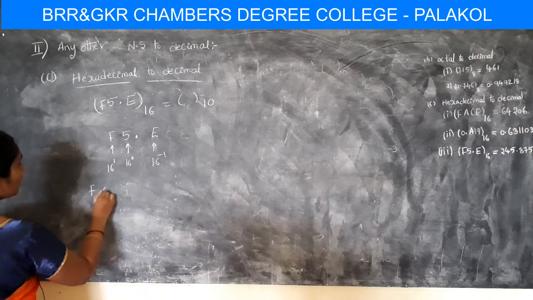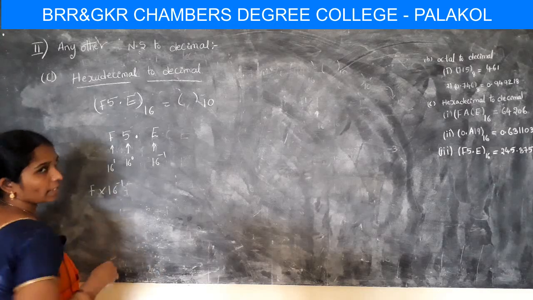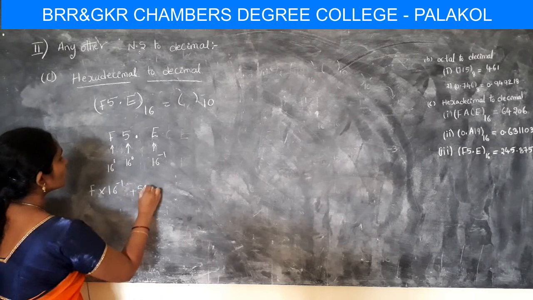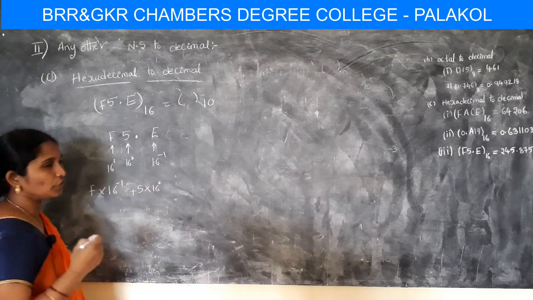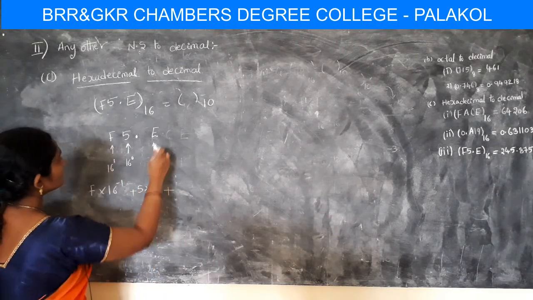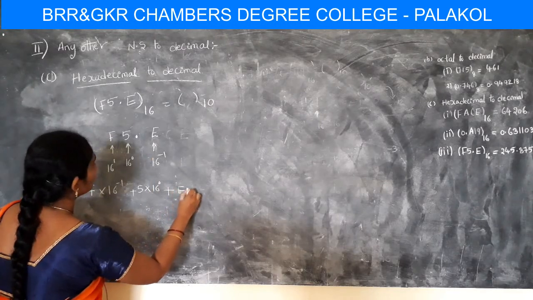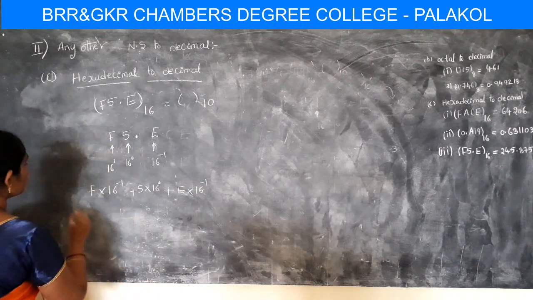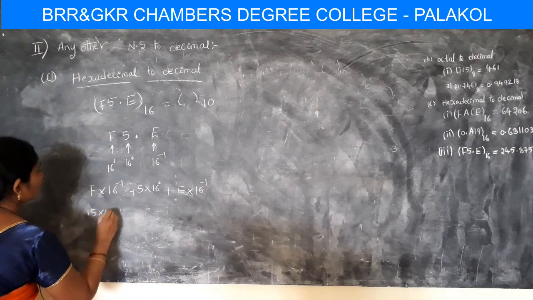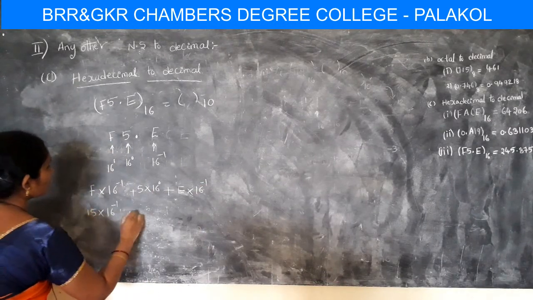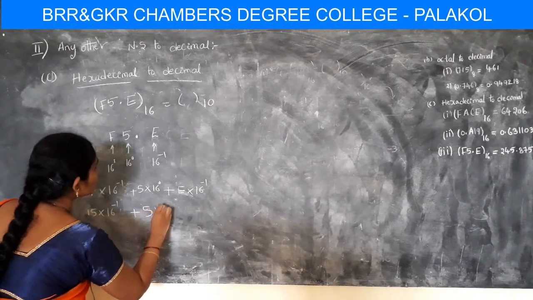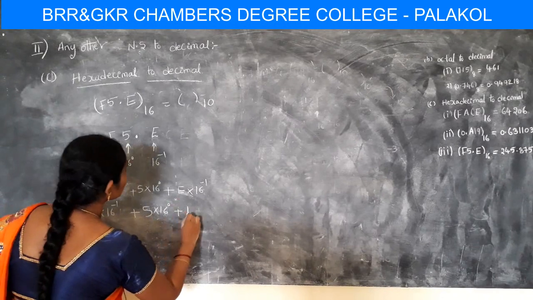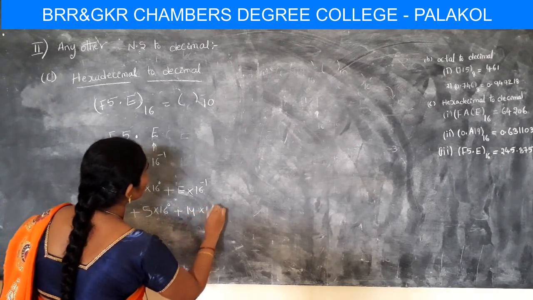This is F into 16 power 1 plus 5 into 16 power 0 plus E into 16 power minus 1. So here F is nothing but 15 into 16 power 1, plus 5 into 16 power 0, and plus E is nothing but 14 into 16 power minus 1.